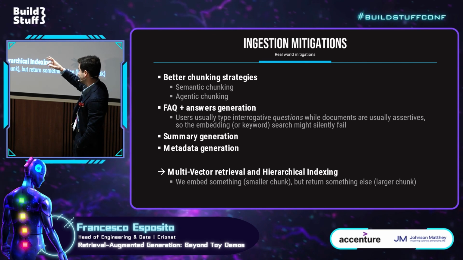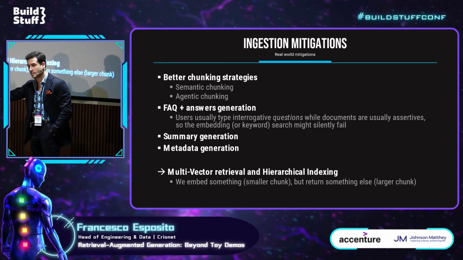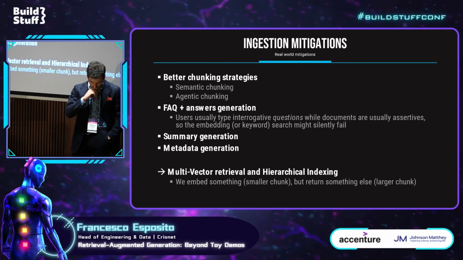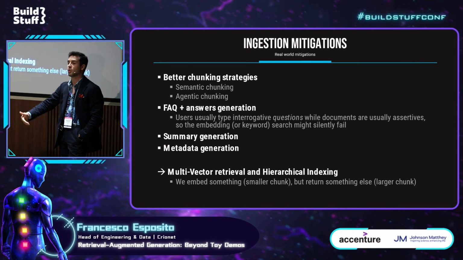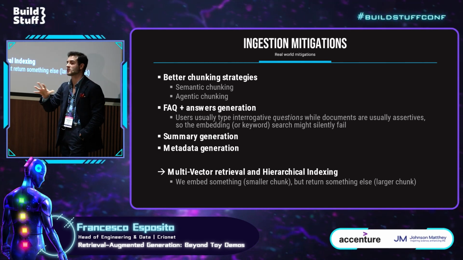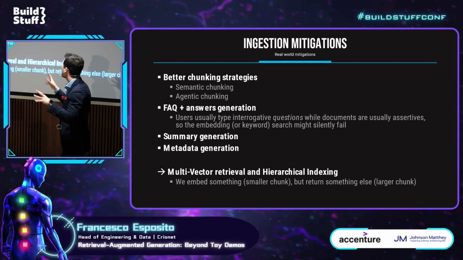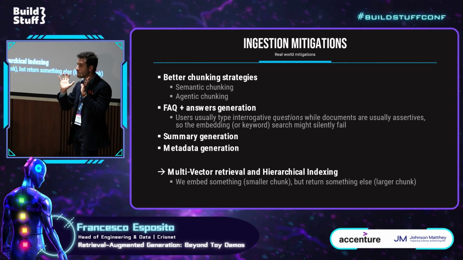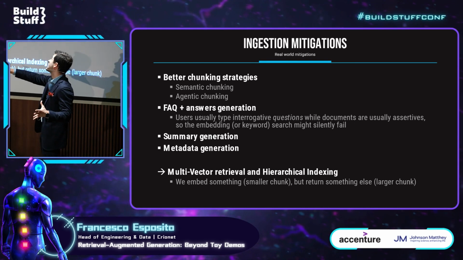In my opinion, recursive, token-based or character-based splitting don't really work in a real-world scenario. But semantic chunking is a sort of working solution, not the best possible, but quite cheap with respect to the agentic chunking.